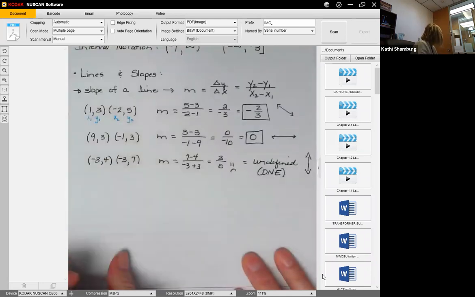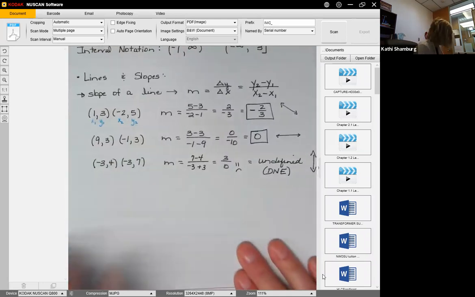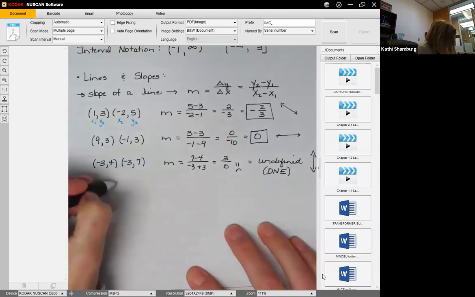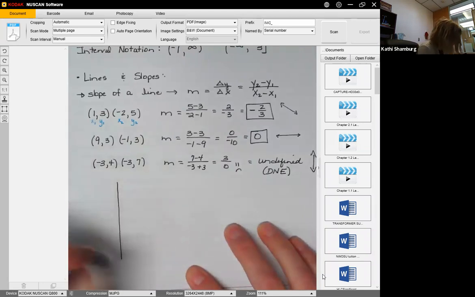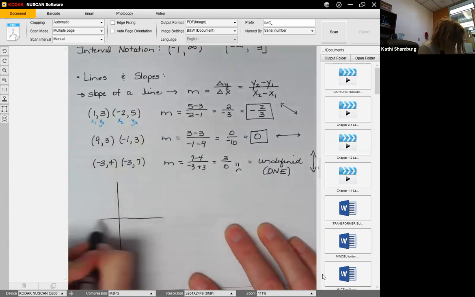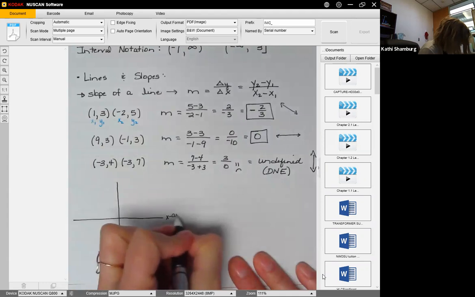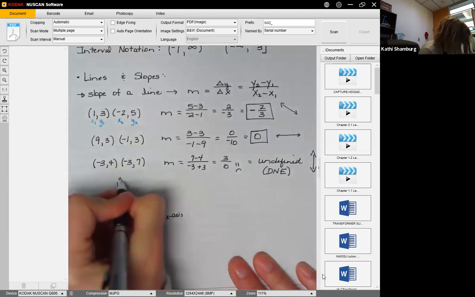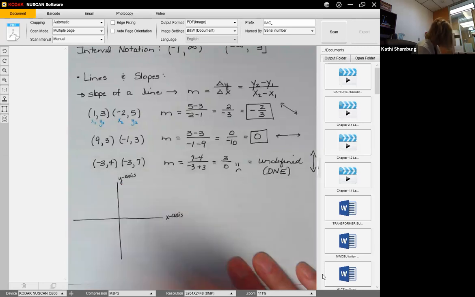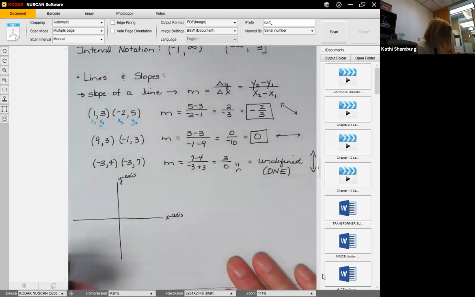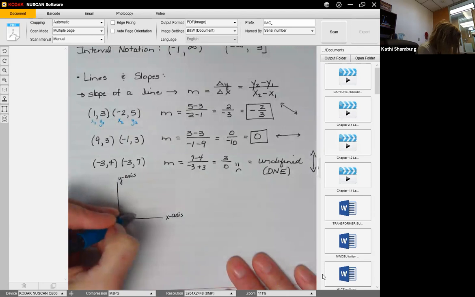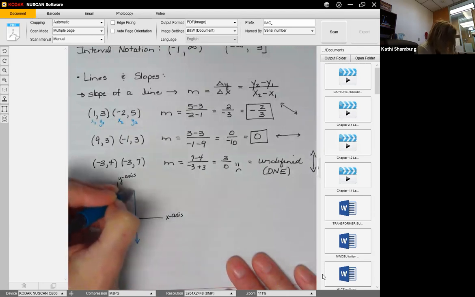Now, our horizontal and vertical lines are unique equations. We know this is our x-axis, and this is our y-axis. What I want to look at is if I had a vertical line here.